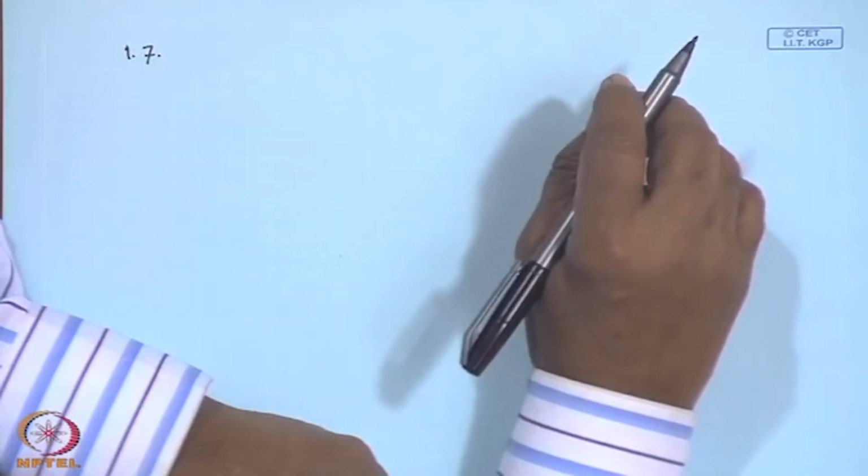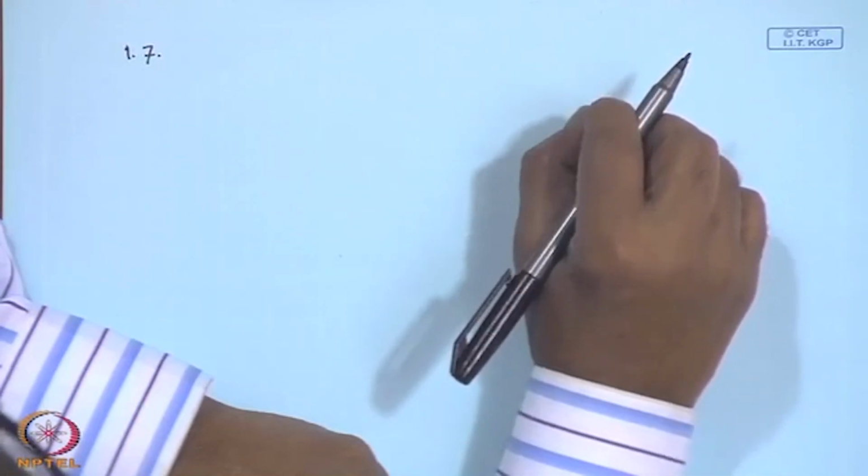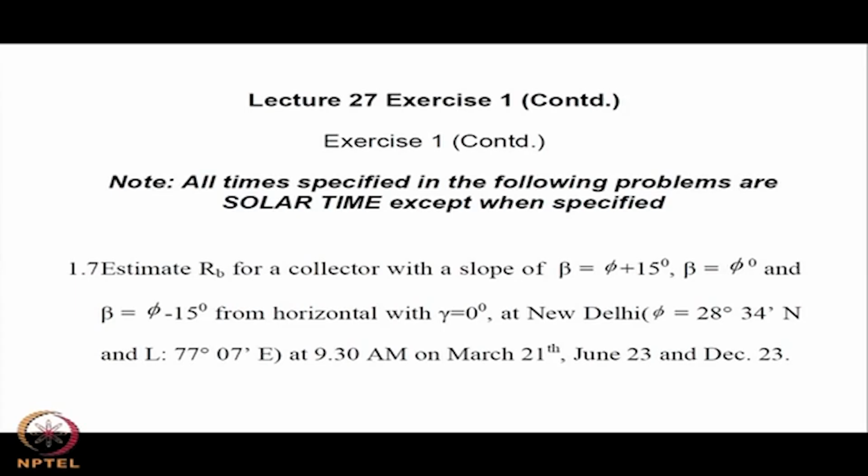The idea is to estimate the RB, the conversion factor from horizontal radiation to the tilted radiation, for a collector with a slope of phi plus 15 degrees, equal to phi, or phi minus 15 from horizontal, south facing in New Delhi location at 9:30 a.m. on March 21st, June 23rd and December 23rd.